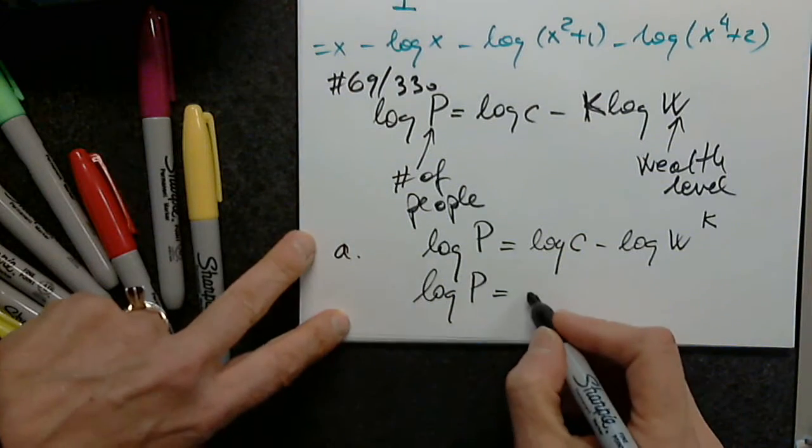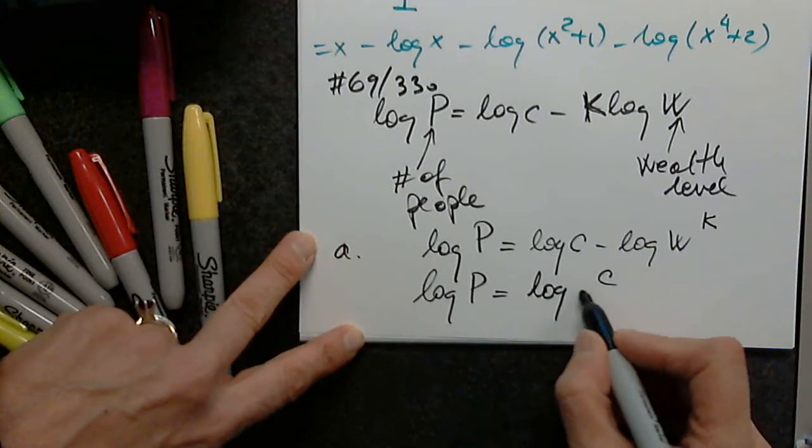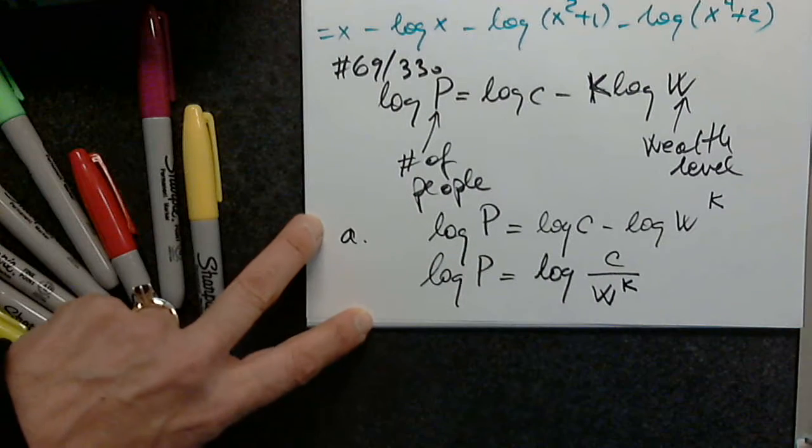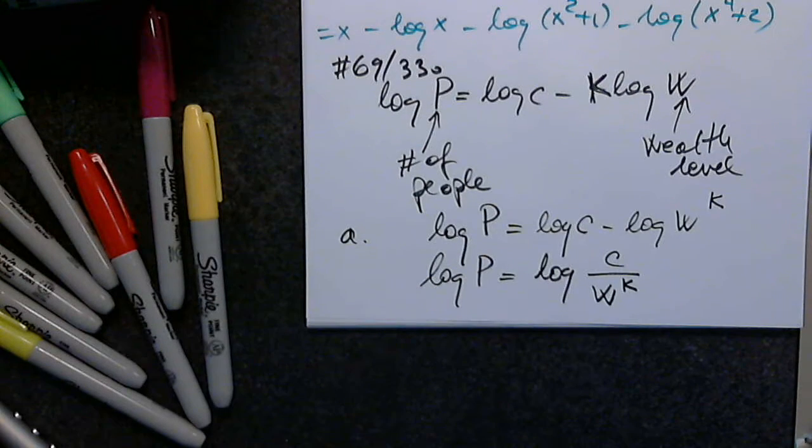Okay, so then the right hand side is log of C over W raised to K. Perfect. So what do I do next? Use exponential. Let's think for a second.